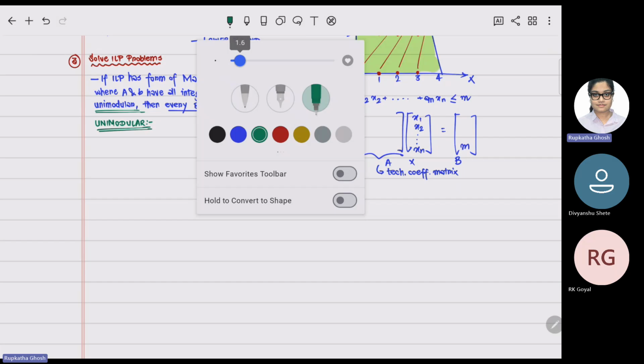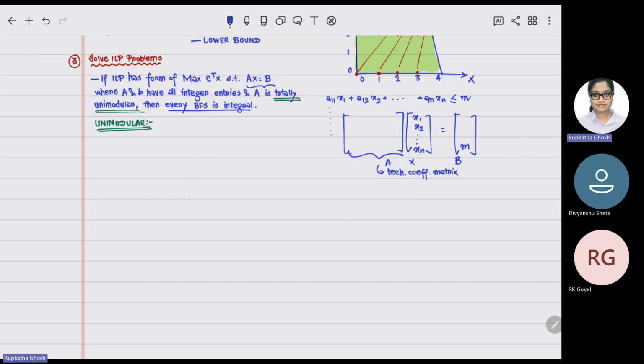So unimodular is nothing but an integer m cross n matrix, that is A, is unimodular if the rank of this matrix is equal to m and every m cross m square submatrix of order m of A has a determinant value of -1, +1 or 0.